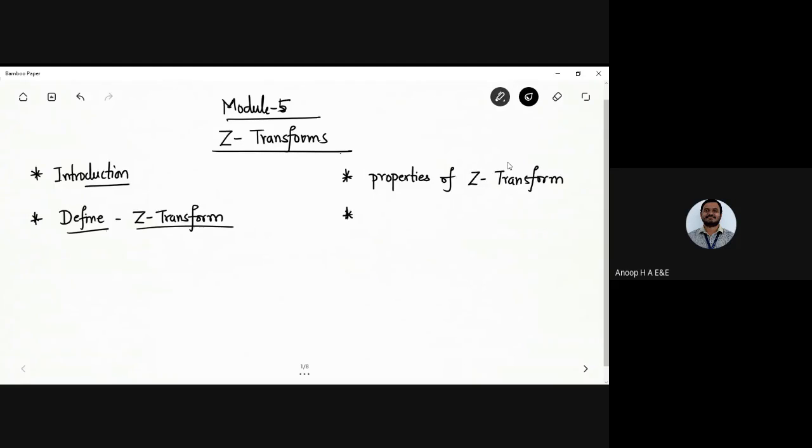Later we will solve some numerical problems. So this entire video lecture session will be with respect to the Z transforms and certain concepts that we have written here. That is the introduction, the definition of a Z transform, properties of Z transforms, and numerical problems of Z transforms.